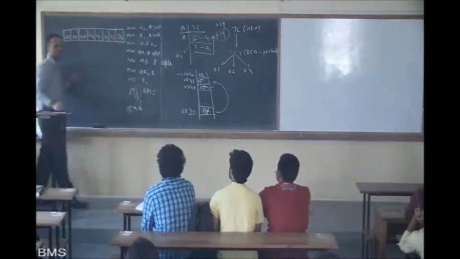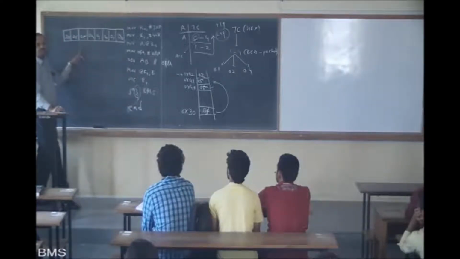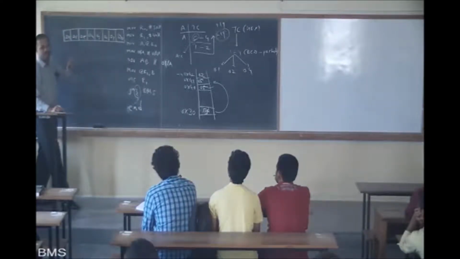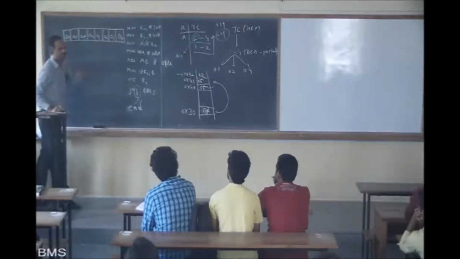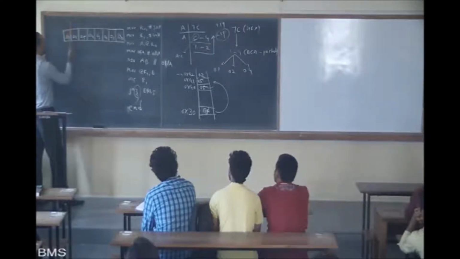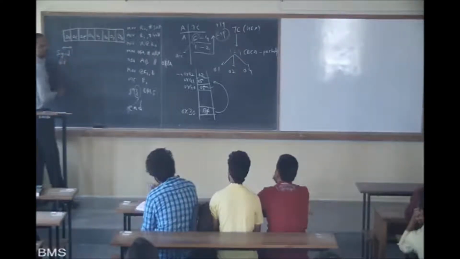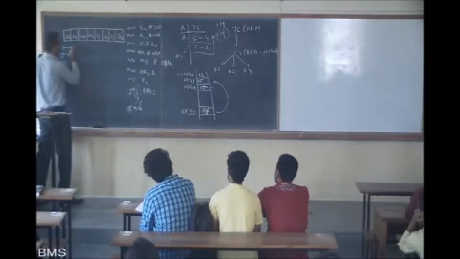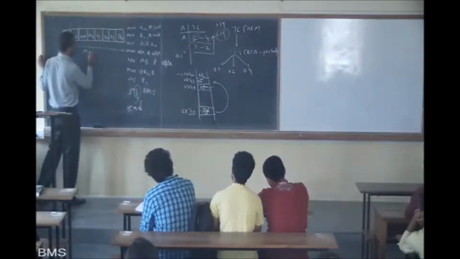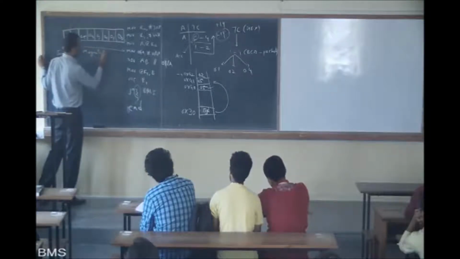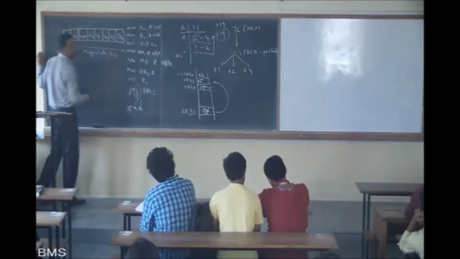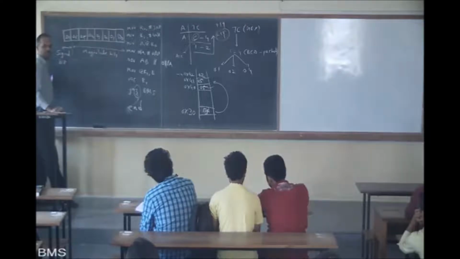When we want to represent negative numbers or signed numbers, then we will consider D7 as a signed bit. The remaining bits from D0 to D6 are called magnitude bits.